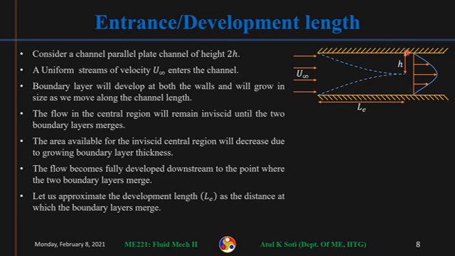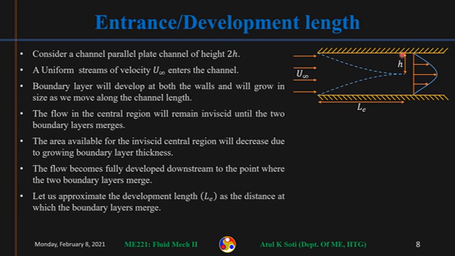Immediately here, the flow will not yet become parabolic, because within the boundary layer we don't know whether the velocity profile is parabolic. From whatever we have derived till now, it was very complicated. It was not just a simple function. We had a series formula for the boundary layer profile.